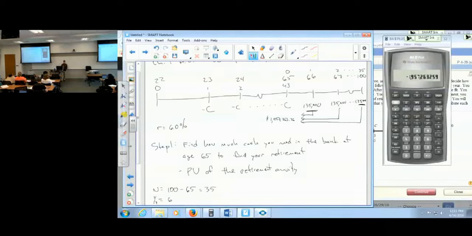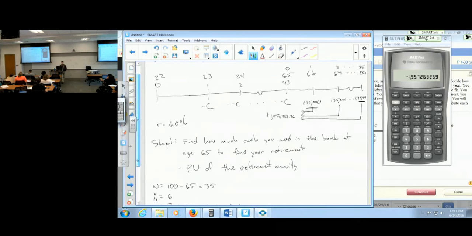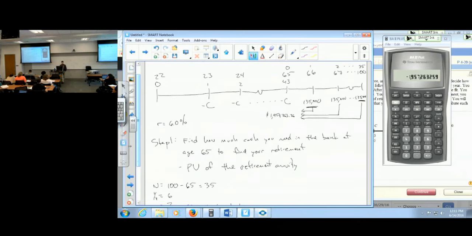I think $135,000 a year sounds like a lot. Consider that there's no adjustment in inflation for this, and just imagine what the cost of health care in your elderly years is going to be 40 years from now. All right, so on our 65th birthday, we want to end up with just shy of $2 million in the bank.